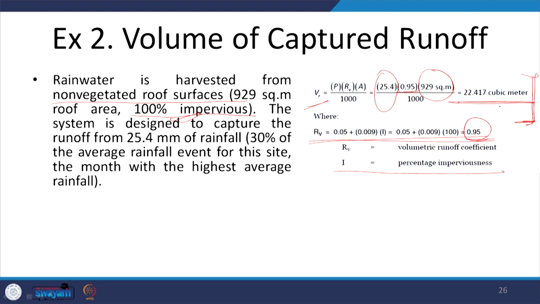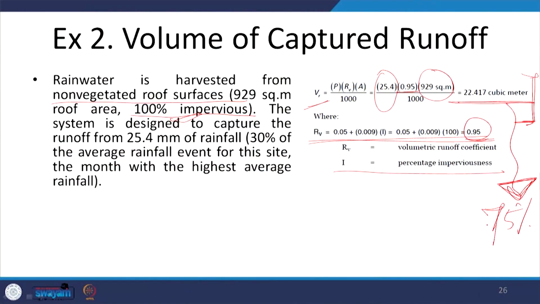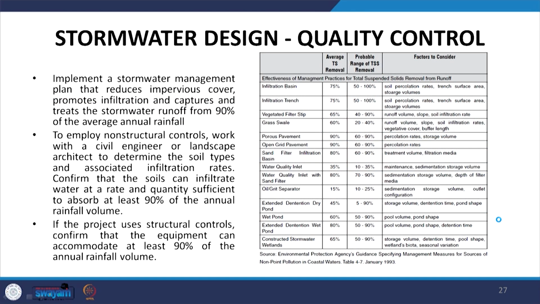Out of this, if we can show that around, say, 75% of it is being retained on site or captured through the construction of a tank or any other strategy, any other measure, that is what will be used for the compliance. We are also talking about the quality control here, because storm water is a bigger problem when it carries a lot of suspended solids with it.